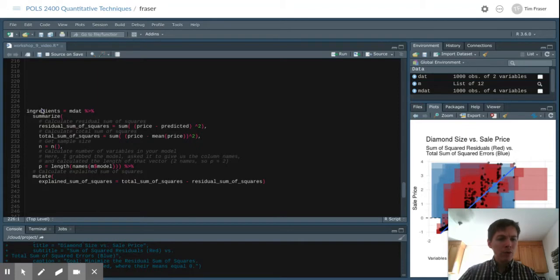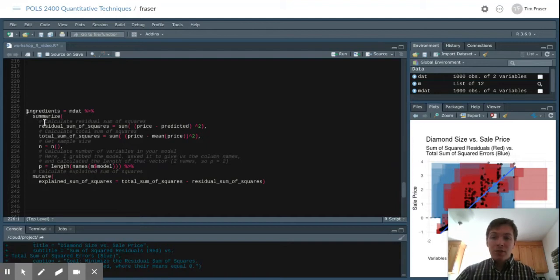Just like in ANOVA, we made an F statistic from 0 to infinity that measured the strength of the association between variables. We can also make one for this. Here's how it works.